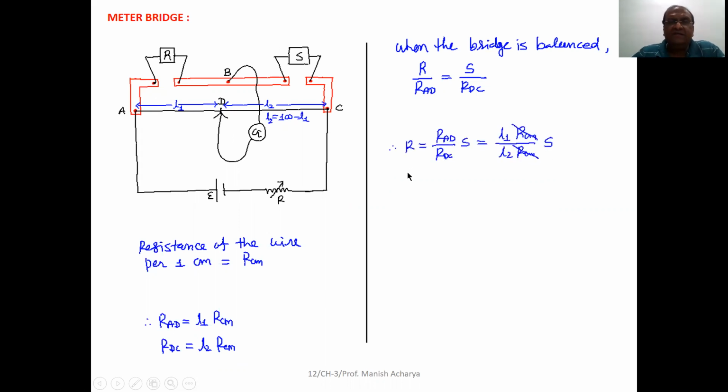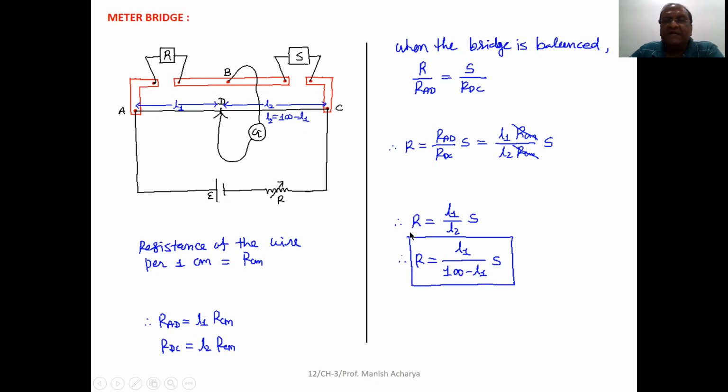So we can write resistance R equal to RAD upon RDC into S. Replace RAD by L1 RCM, and replace RDC by L2 RCM, into S as it is. RCM cancels. So finally we can write R equal to L1 upon L2 into S.